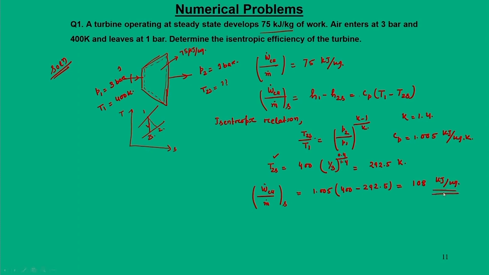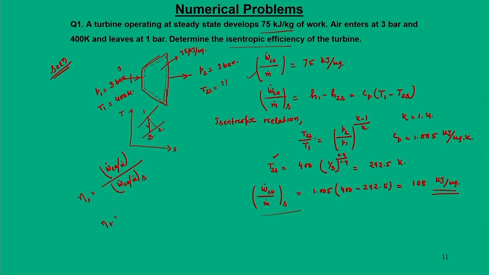So, we have two values, one is W dot CV by m dot for the actual process, the other is for the isentropic process. By definition of isentropic efficiency for a turbine, the actual work should be in the numerator and the isentropic work in the denominator.